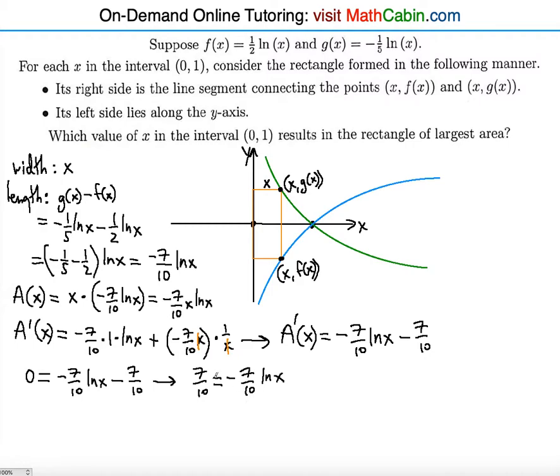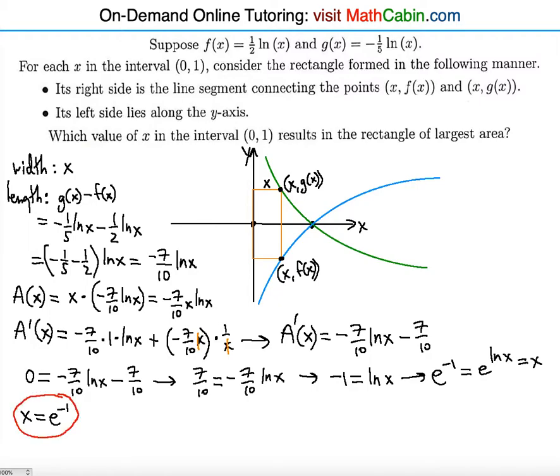Dividing both sides by negative 7/10 will give us negative 1 is equal to ln x. So now how do you find the x? Well, you're going to use the e now. If you make these exponents to the e, look what's going to happen. E to the negative 1 is going to be e to the ln x, and as you know, e to the ln x is equal to x, right? So thus x is equal to e to the negative 1. Perfect. So e to the negative 1 seems to be the value that will give us the maximum.